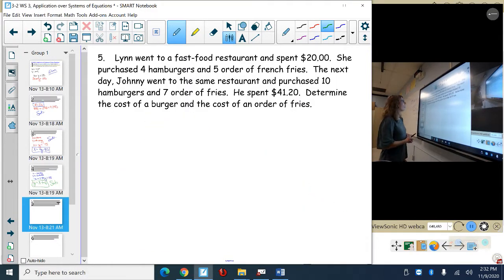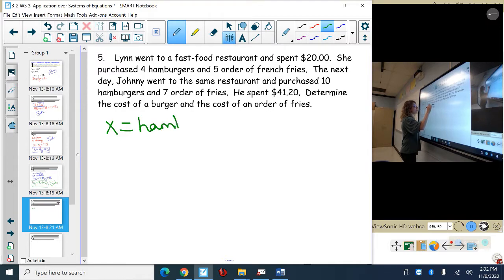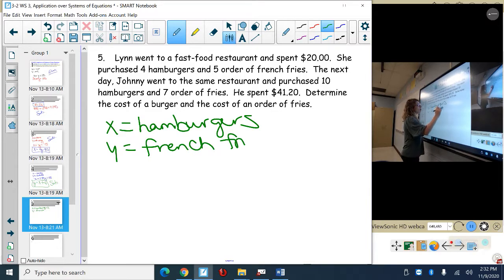Number 5. Lynn went to a fast food restaurant and spent $20. She purchased 4 hamburgers and 5 orders of fries. So what are my subjects? X is equal to your hamburgers, and Y is equal to your French fries. So here's what I know. She ordered 4 hamburgers.